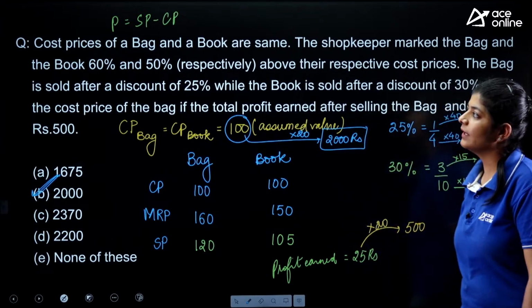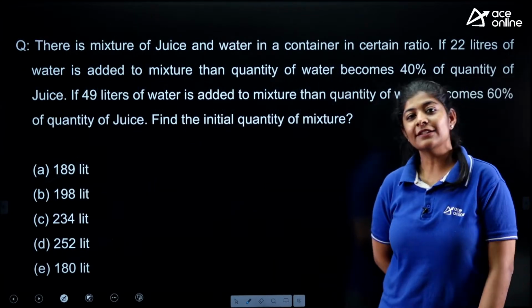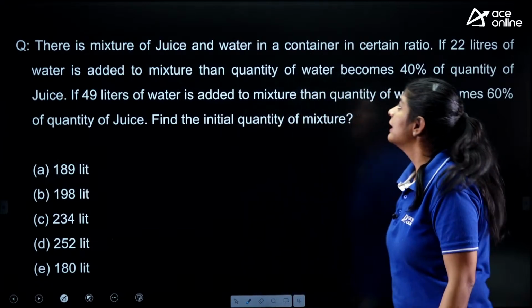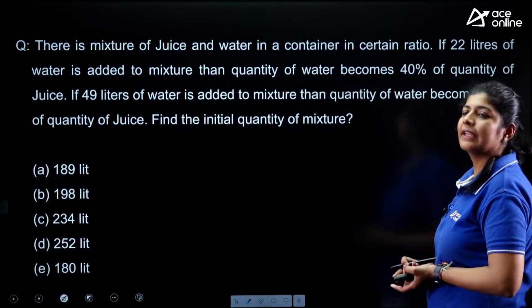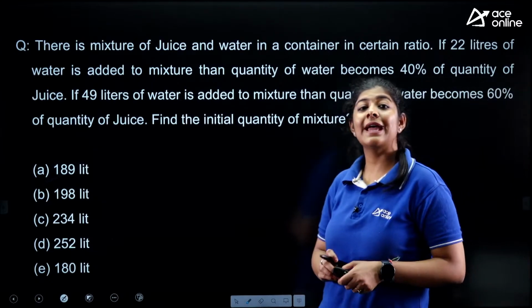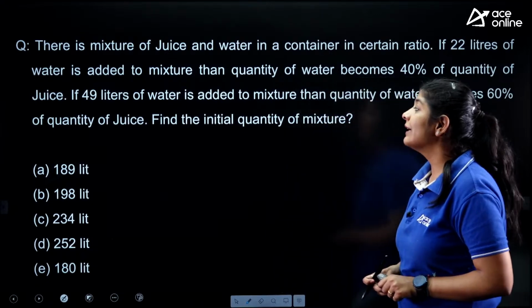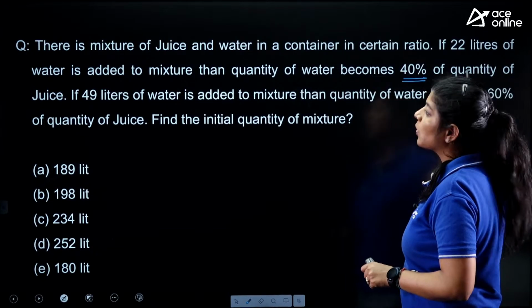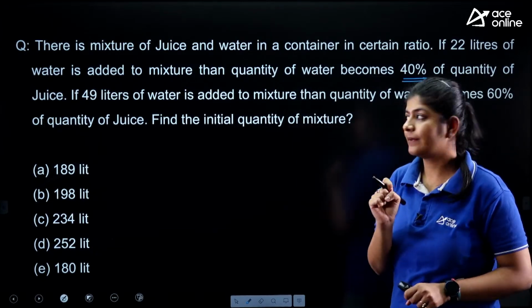Clear? Next. The next question says that there is a mixture of juice and water in a container in a certain ratio. If 22 liters of water is added to the mixture, then the quantity of water becomes 40% of the quantity of juice.